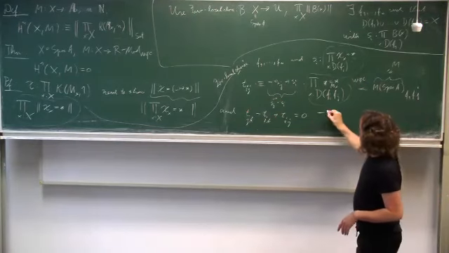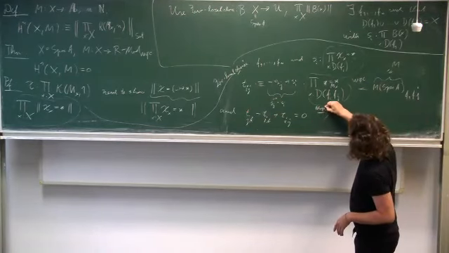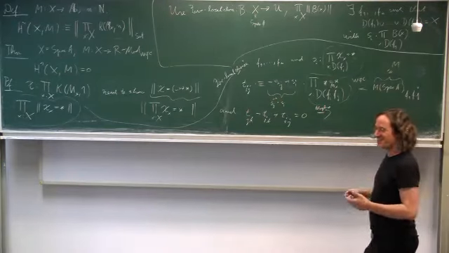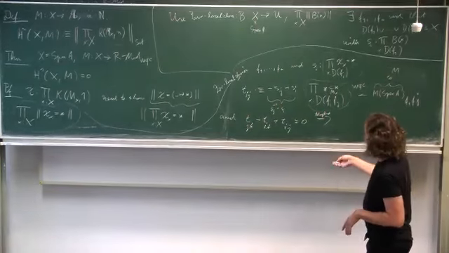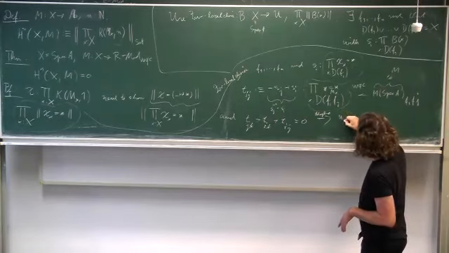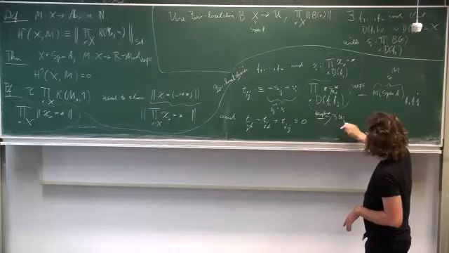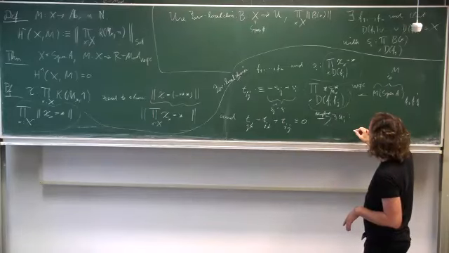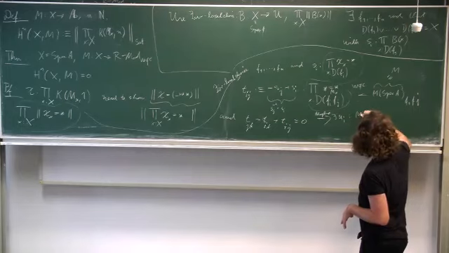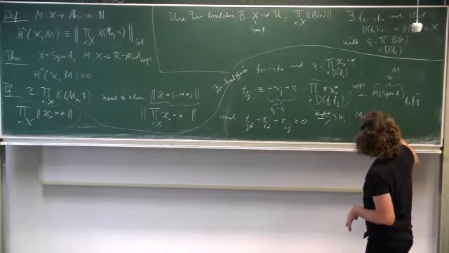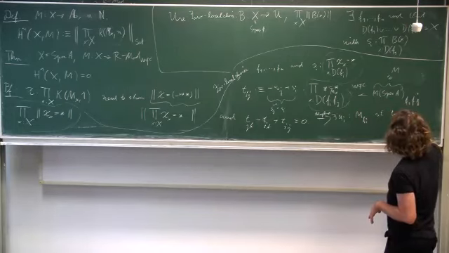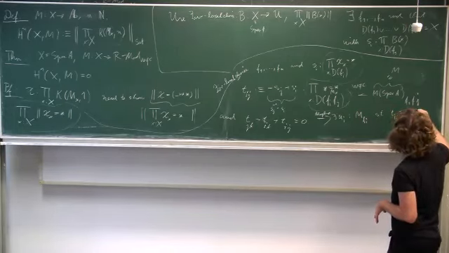And by algebra, yeah, no time for that with 10 minutes left. By algebra, you get that there are u_i in M(f_i) such that t_ij is u_j minus u_i.